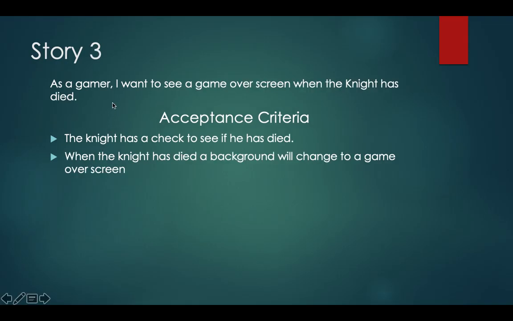Story 3. As a gamer, I want to see a game over screen when the knight has died. Acceptance criteria: the knight has a check to see if he has died. The knight has died. When the knight has died, a background will change to a game over screen.